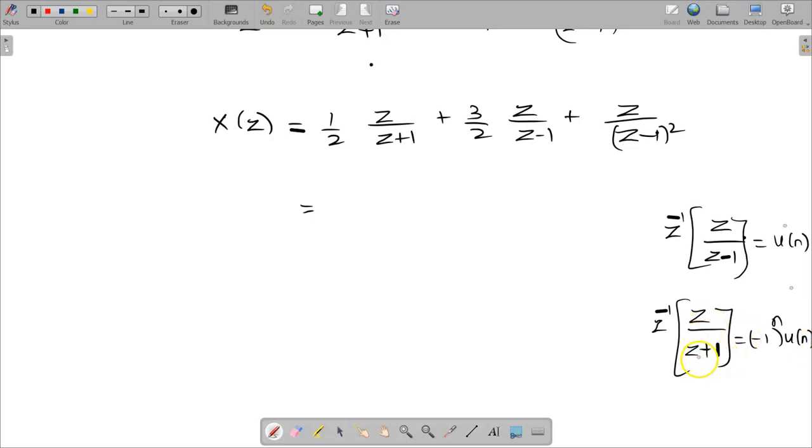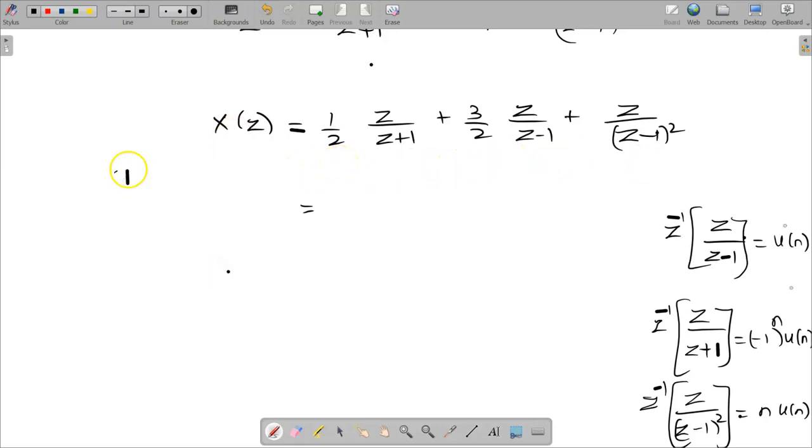If it is plus a, we write it as minus a the whole power n. If it is minus a, we write a power n u of n. So since it is z plus 1, we write it as minus 1 the whole power n u of n. And then we have another formula such that z inverse of z by z minus 1 the whole square is nothing but n into u of n. So all these formulas we have to know. Using this we can just find out the inverse z transform of the given expression.